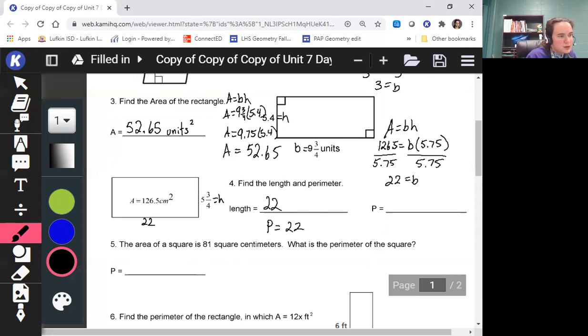So 22 plus 22 plus 5 3/4 plus 5 3/4. And we get 55.5 centimeters.